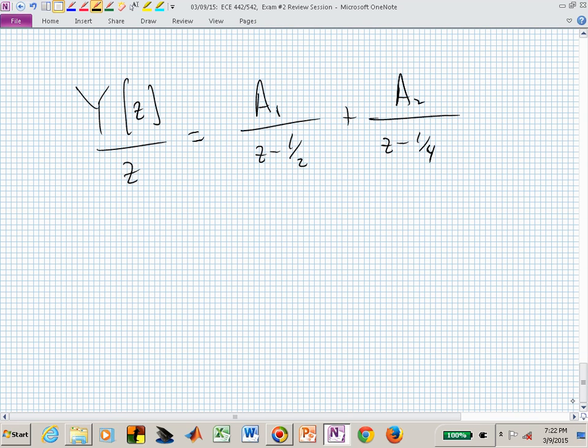You can solve for a1 and a2 and end up with y of n being 4 times (1/2) to the n minus 4 times (1/4) to the n for what values of n? And how do you know the values of n?